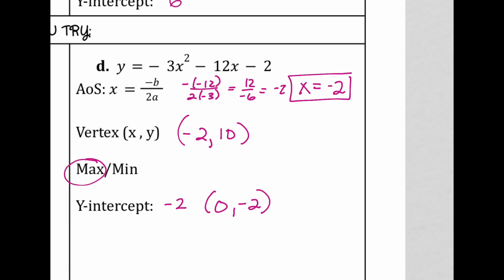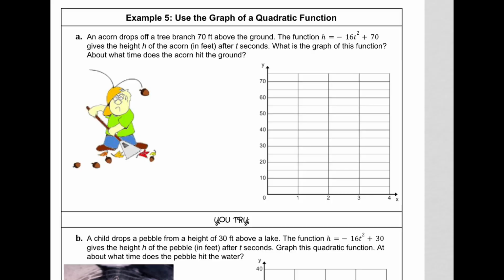Vertex at negative 2, 10. That's a maximum because our leading coefficient is negative, so that parabola opens down. And our y-intercept is at negative 2, which we know if we write it as a coordinate point would be at 0, negative 2.